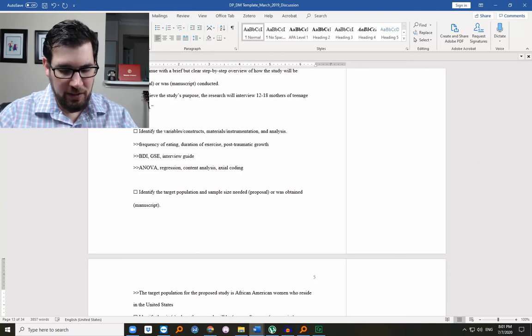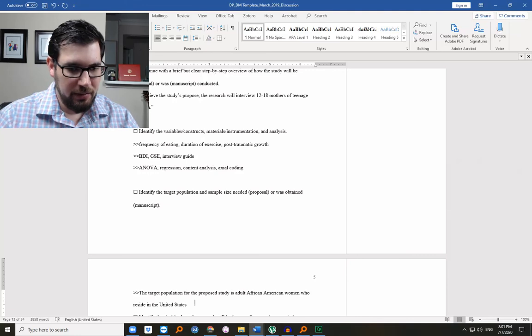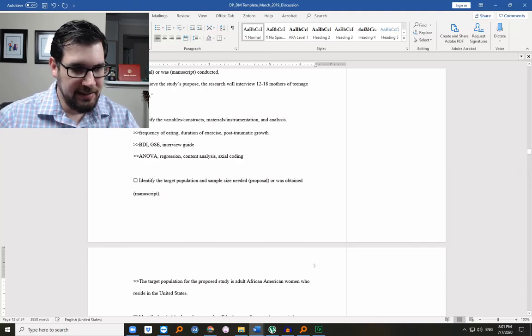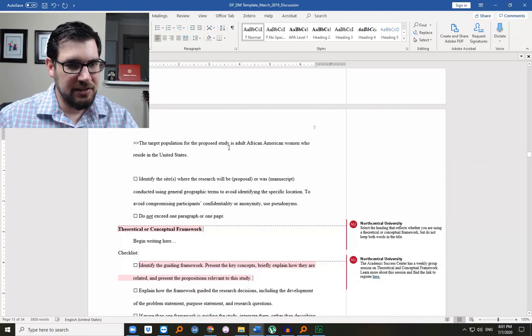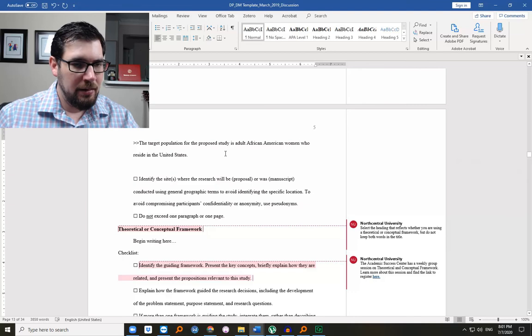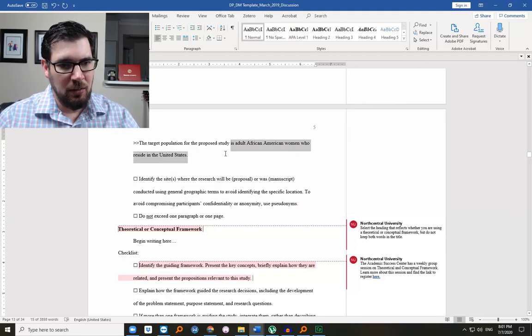And we might want to go ahead and add the word adult here, as that implies 18 years of age and older. So this is the general population that we are pulling from.